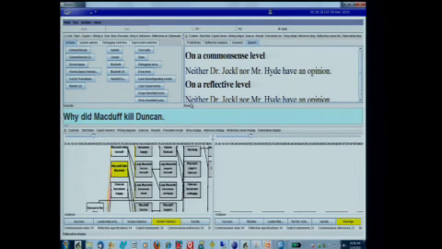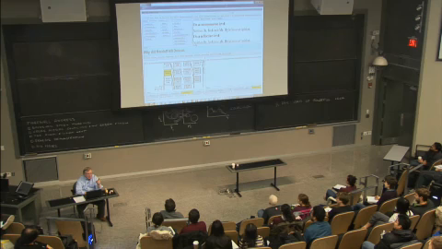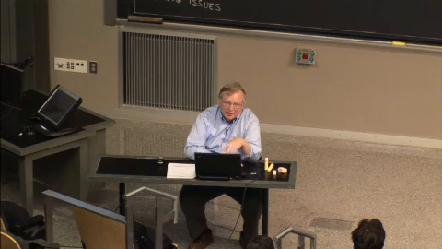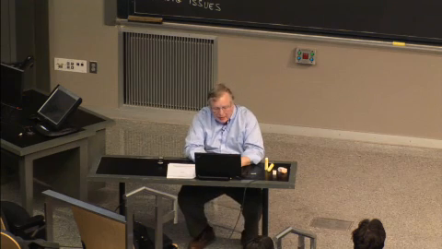On a reflective level, neither Dr. Jekyll nor Mr. Hyde have an opinion. That's because it didn't happen. So we call these two personas Dr. Jekyll and Mr. Hyde. And you're going to complain right away about the spelling of Jekyll, aren't you? Well, that's because with this spelling, the speech generator makes it sound a little bit more like when we say Jekyll. But what really happened is that Macduff killed Macbeth.